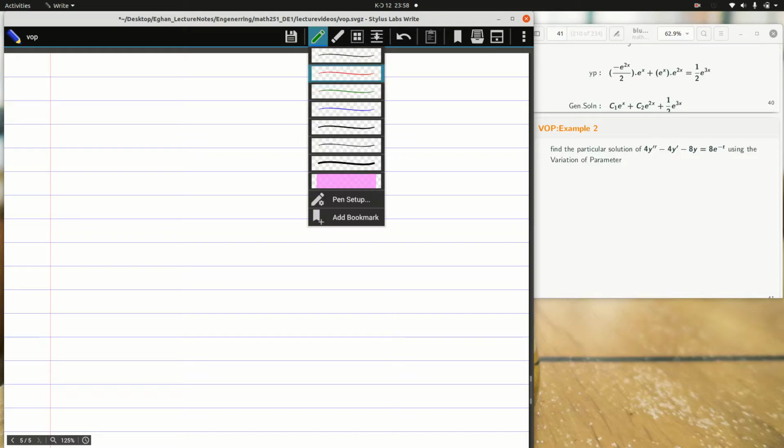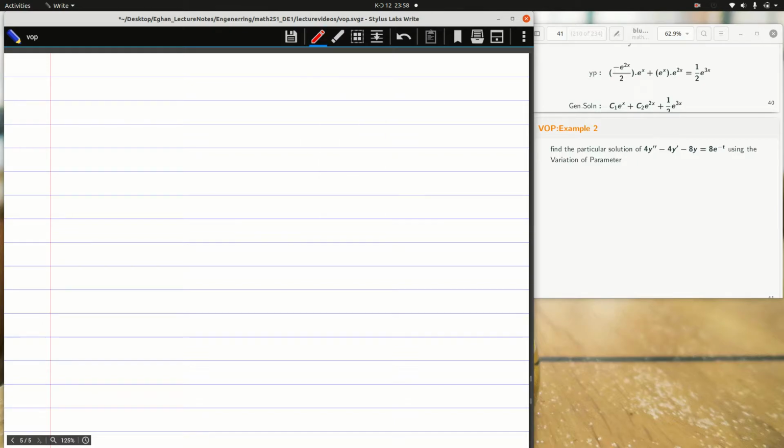Now with this example, I have a second order equation again. Because of the nature of my gt, I can use MOU and I can use VOP. I must get the same answer, but we are using VOP.